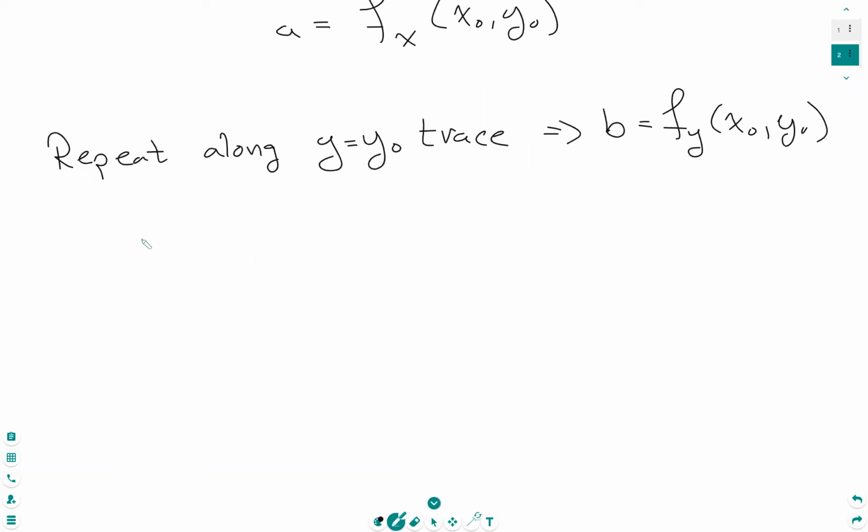So then we can write down this whole expression for tangent planes.